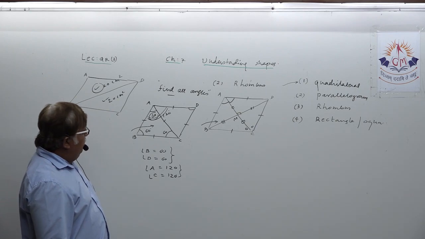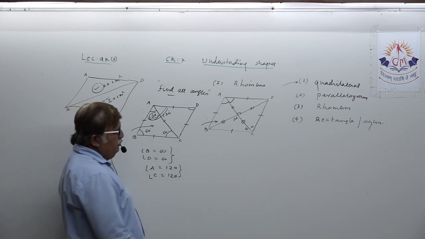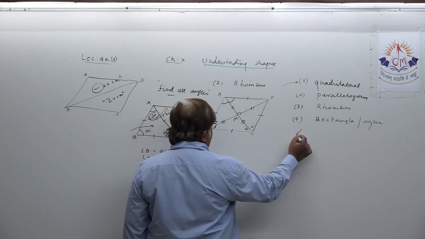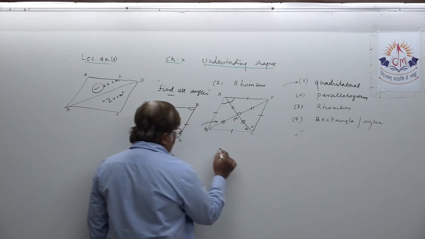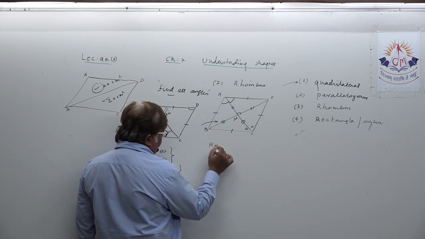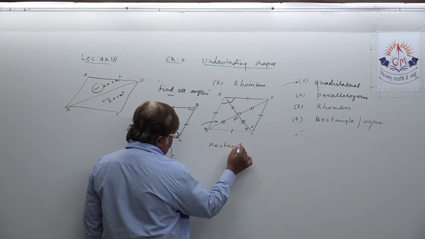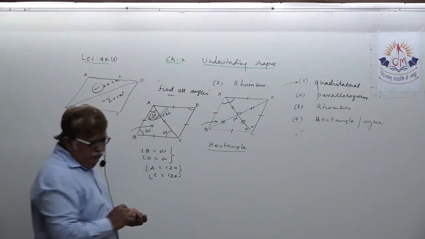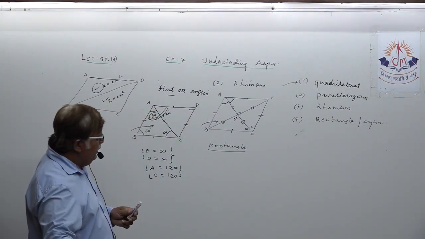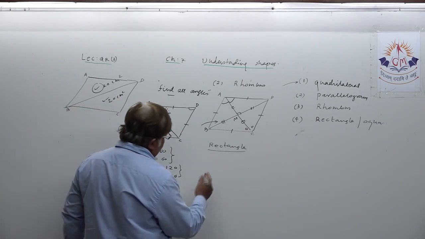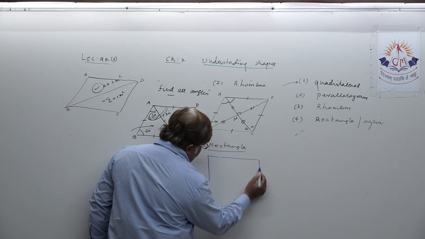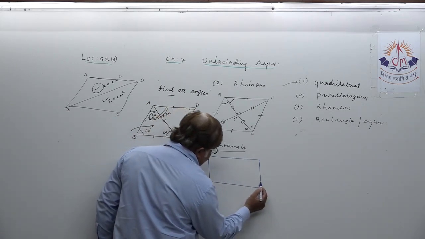You need to remember this property of a rhombus also. And suppose, dear student, we target a rectangle. When you solve an example on a rectangle, what are the properties you need to remember? Suppose I draw a rectangle this way.